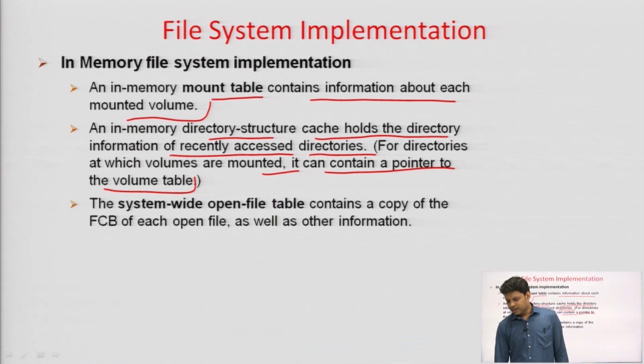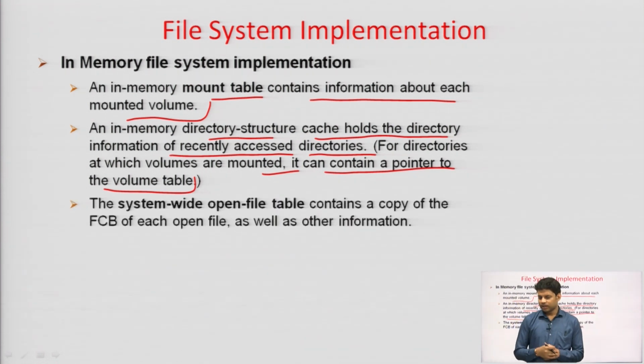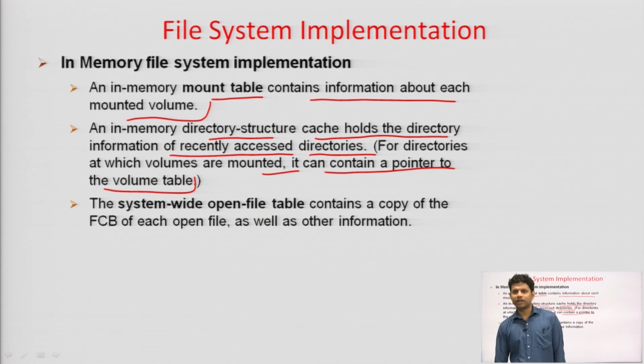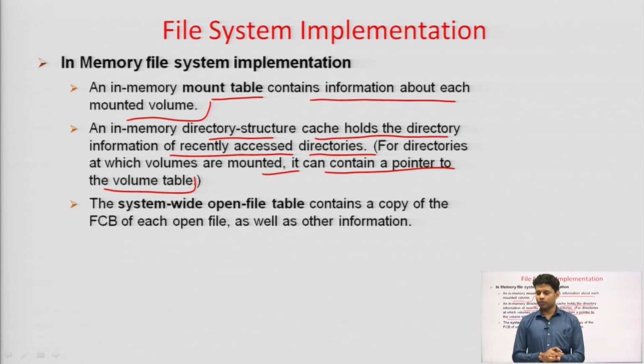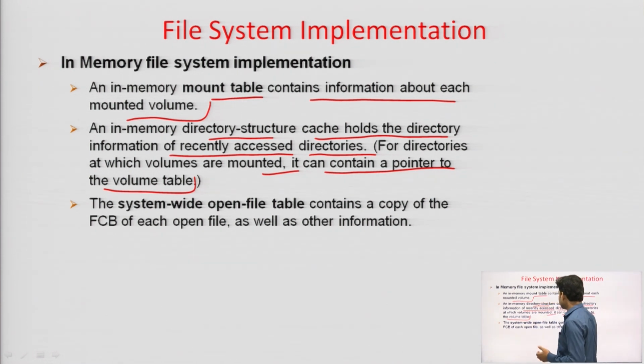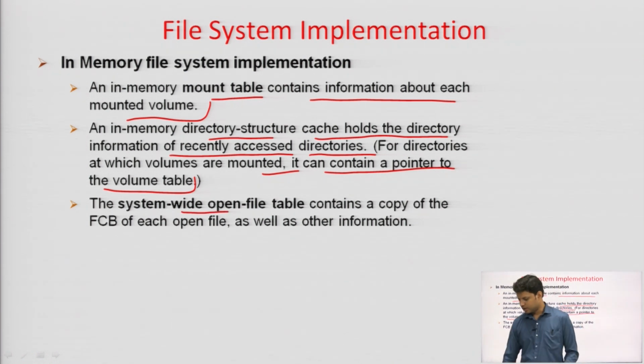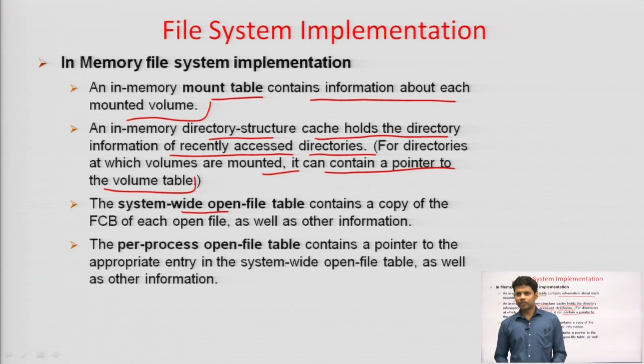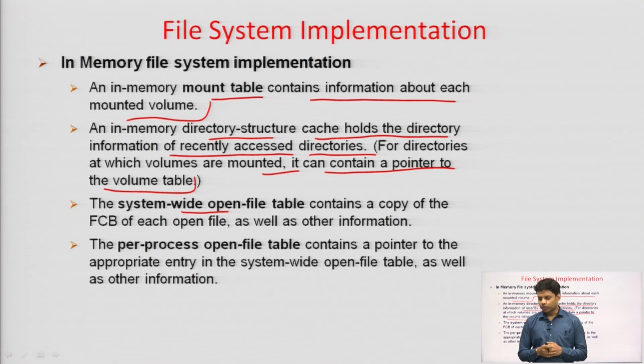The system-wide open file table contains a copy of the FCB of each open file, whatever files are open. Those open files are kept in this system-wide open file table. The per-process open file table contains a pointer to the appropriate entry in the system-wide open file table as well as other information.